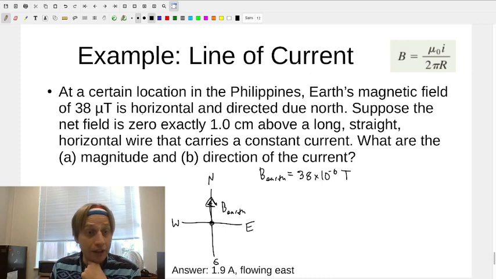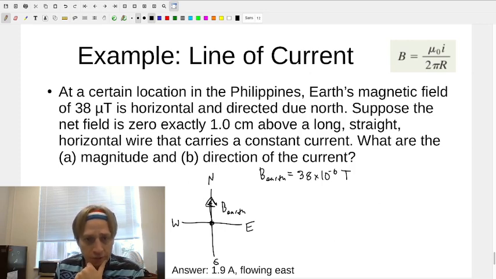Suppose the net field is 0, exactly 1 centimeter above a long straight horizontal wire that carries a constant current. What are the magnitude and direction of the current?